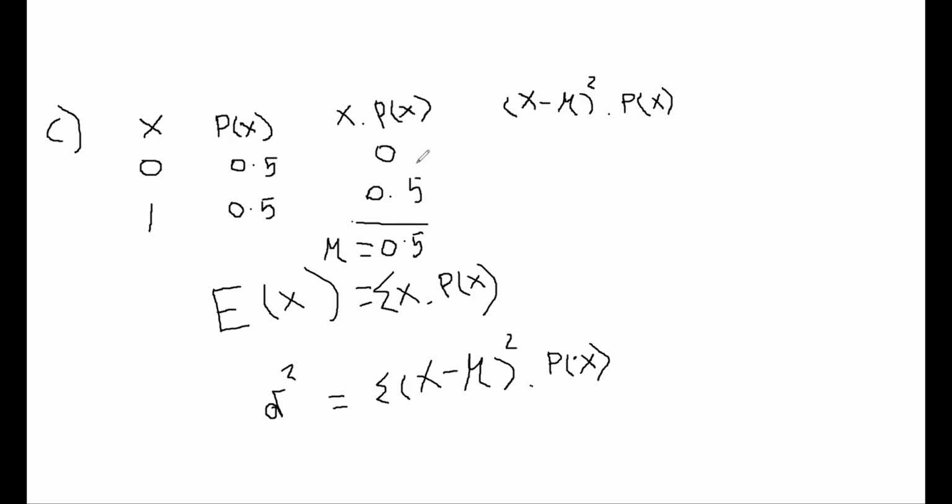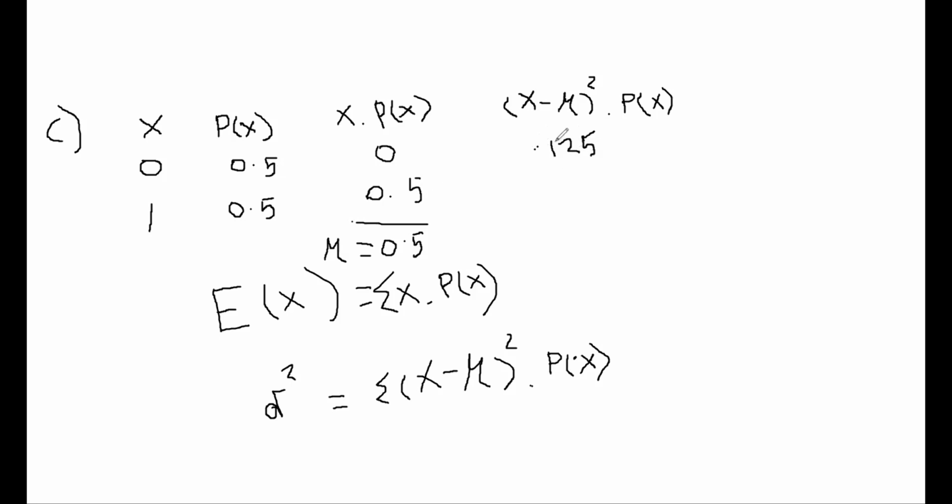The probability is 0.5. So 0.25 times 0.5 is 0.125. To double check, you should do it with me. You should calculate it in your calculator to get the same result.